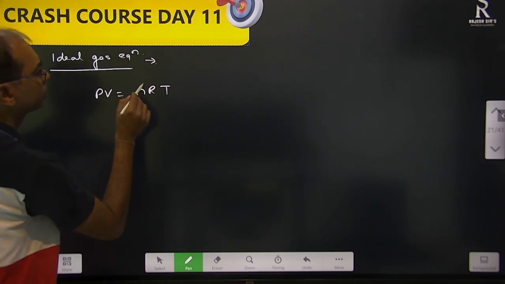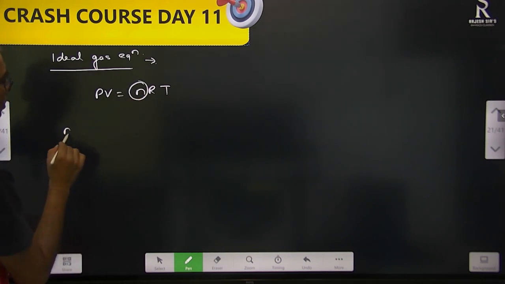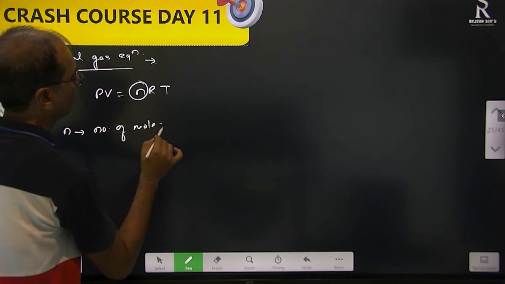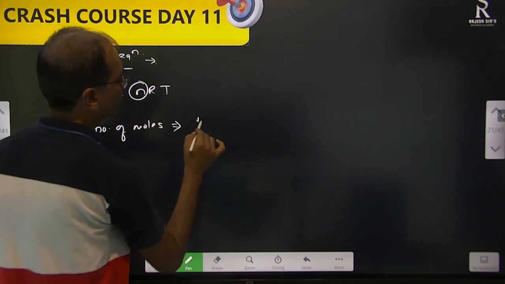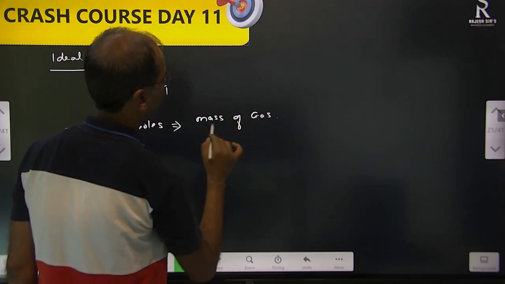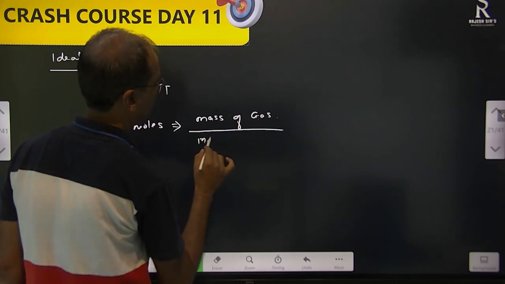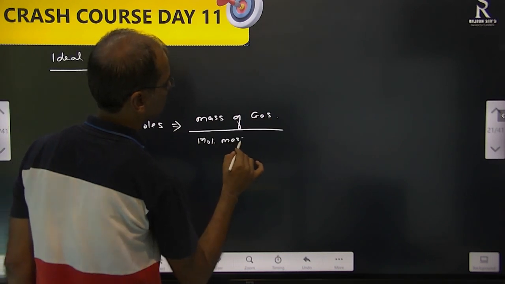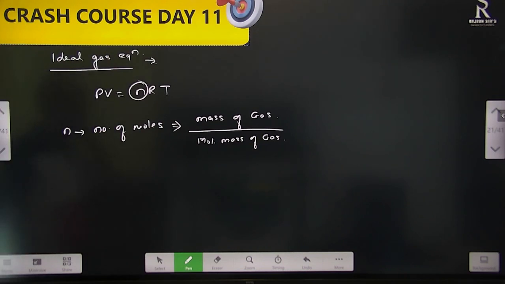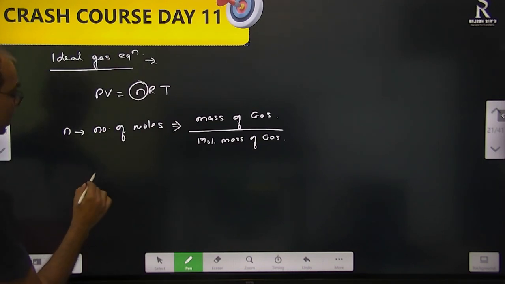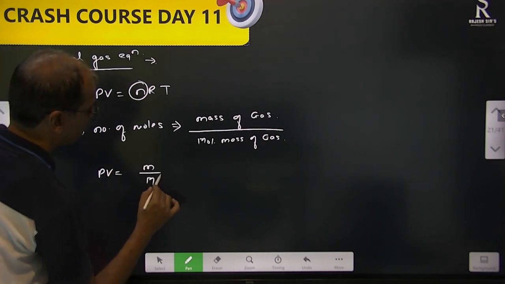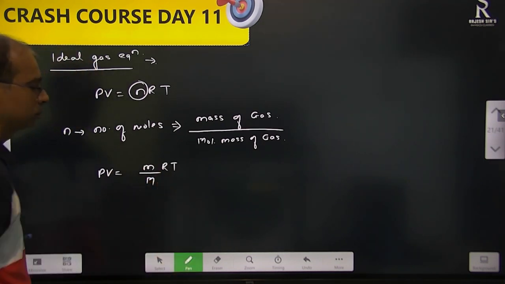This n is the number of moles, and this is equal to the mass of gas by the molecular mass of the gas. That means I can write this as PV equal to M by M into R into T.